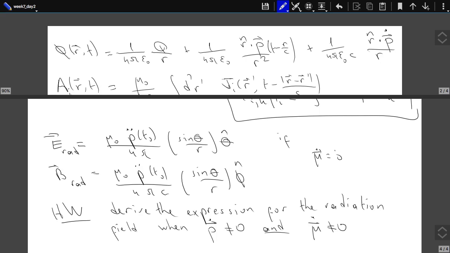And when mu dot is equal to 0, mu double dot is equal to 0, you should get these radiation fields. Yes, both of them are non-zero. Well, in fact, it's just the second derivative that we need in the radiation zone.